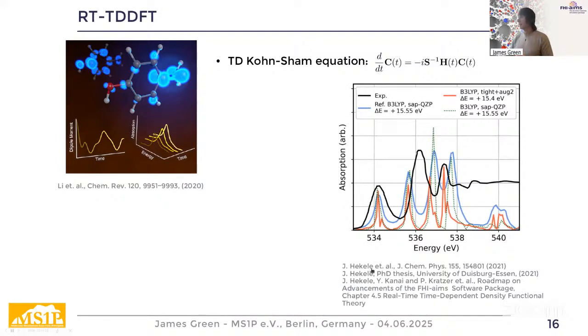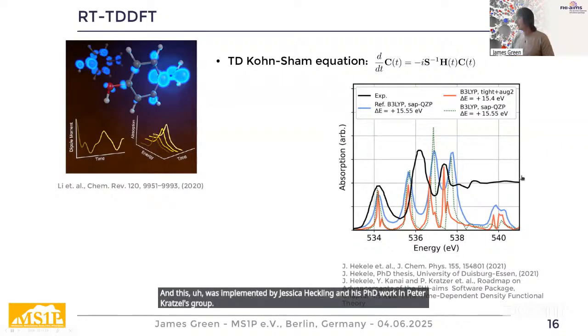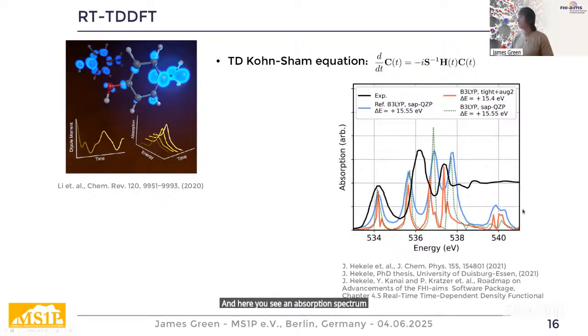This was implemented by Joska Hekele in his PhD work in Peter Kratz's group. Here you see a K-edge absorption spectrum of water with the FHI-aims results in red and green relative to reference calculation and experimental results.